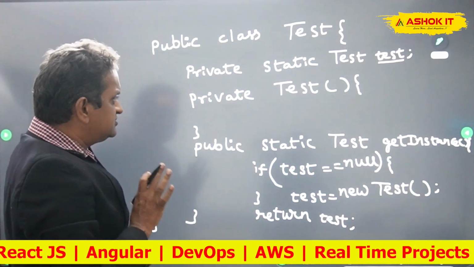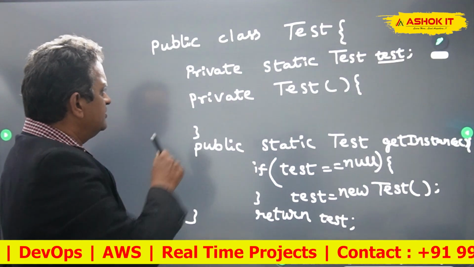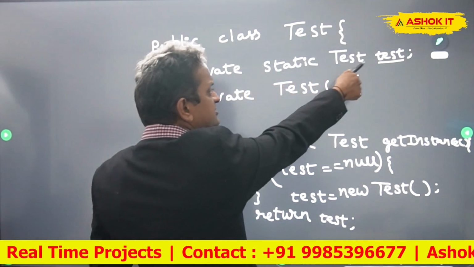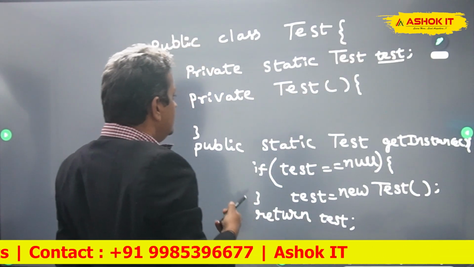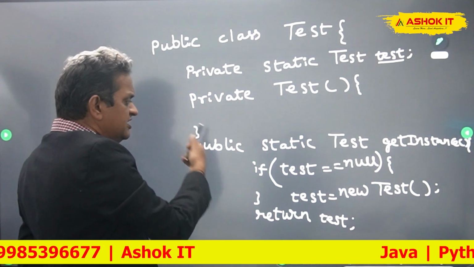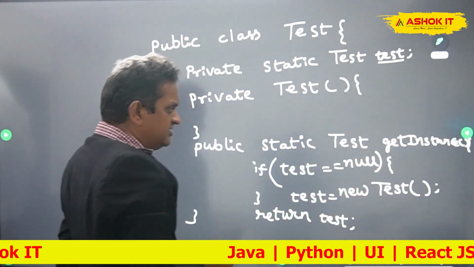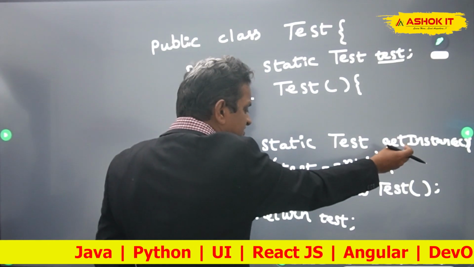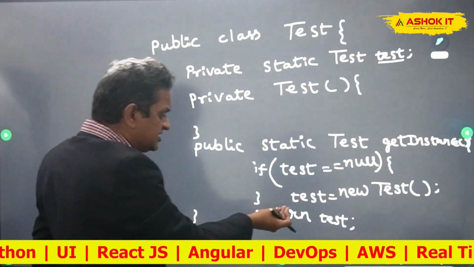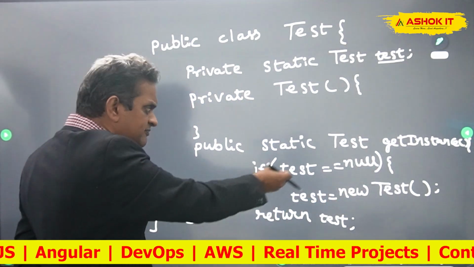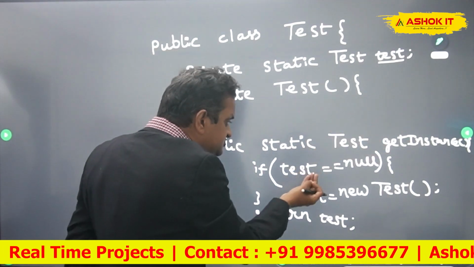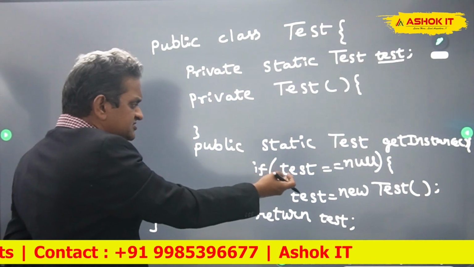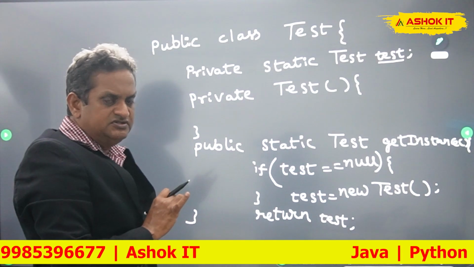I implemented three things: the private static field, the reference of the object; the private constructor; and a static factory method. In this factory method, I am creating the object of the class and returning the reference.